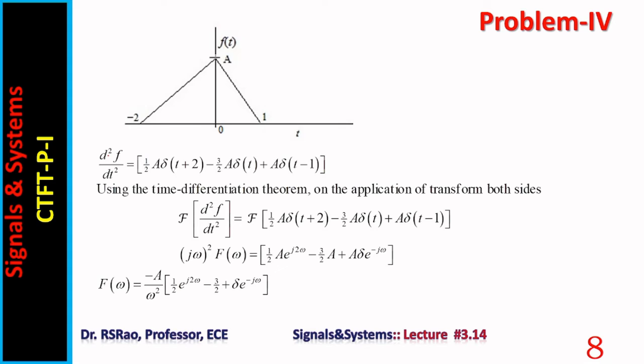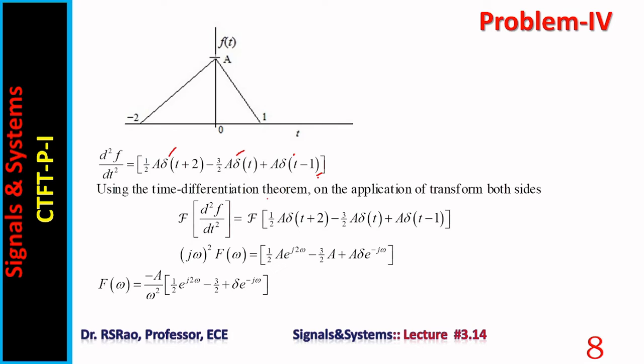So d square f by dt square is equal to (a by 2) delta of t plus 2, minus (3a by 2) delta of t, plus a delta of t minus 1. Delta means impulse function. 3 impulses: one at t equal to -2, another at t equal to 0, last one at t equal to 1.